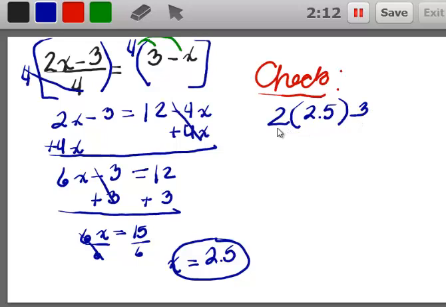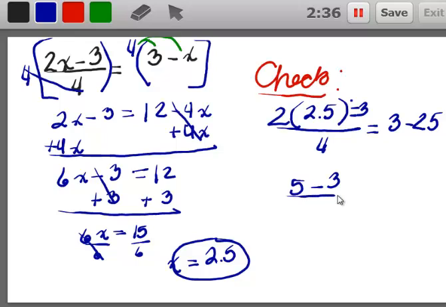Minus 3, this is all over 4, equals 3 minus 2.5. Alright, now, let's make that look like a minus 3. Okay, 2 times 2.5 is 5, so you get 5 minus 3 over 4.